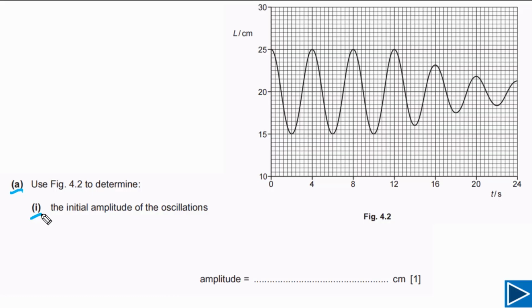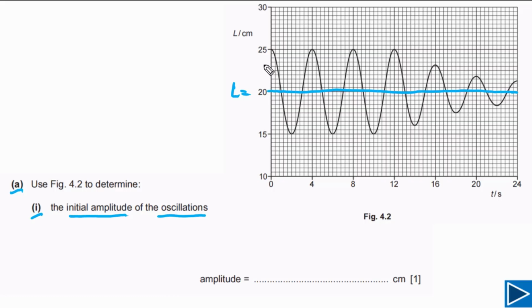For question A1, we need to determine the initial amplitude of the oscillations. If we look at this graph, we can simply find out when L is equal to 20 centimeters, trolley is at equilibrium. So we can also draw this horizontal line, we can now see very clearly that this is the equilibrium position when L is equal to 20 centimeters.